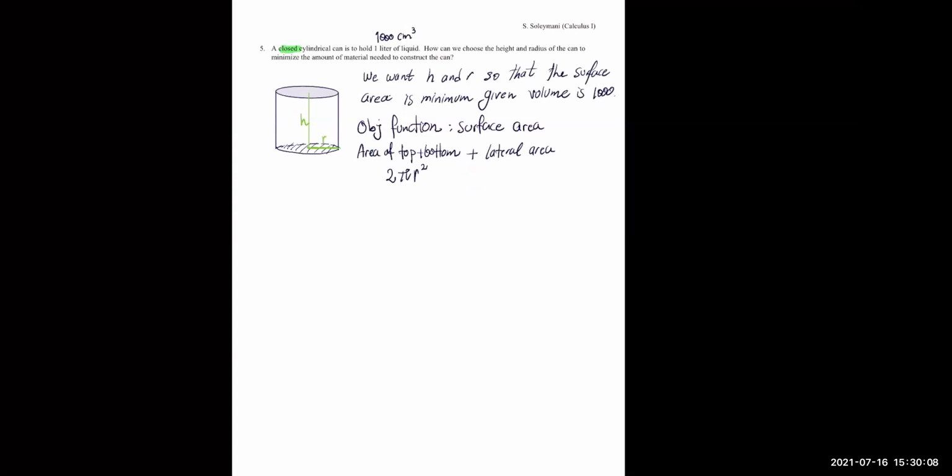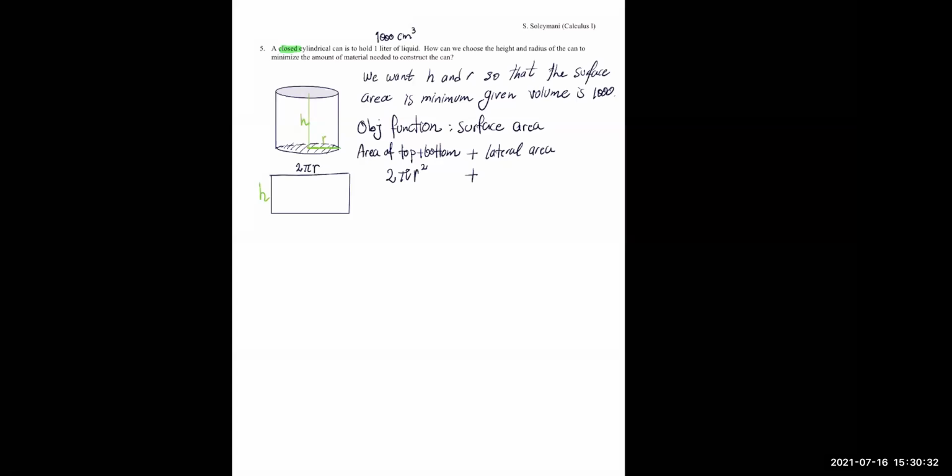Okay, I'll show it to you. So again, if I cut this open, I'm cutting the cylinder open. This is H, okay, and this is 2 pi r, circumference of this circumference right here. So maybe if I draw that in blue, here, I'm gonna draw this circumference for you in blue.